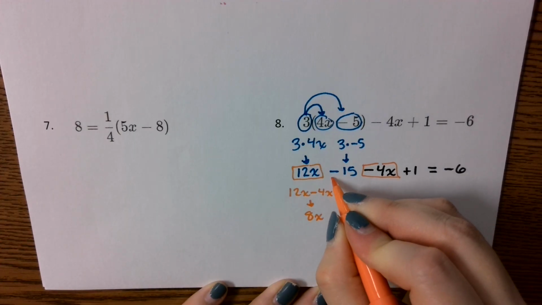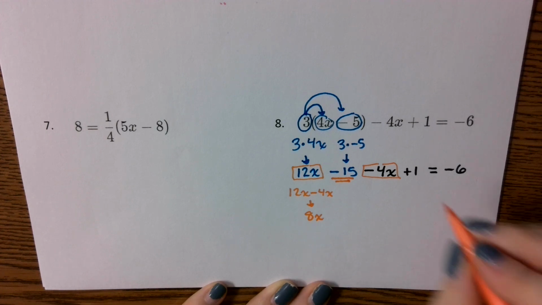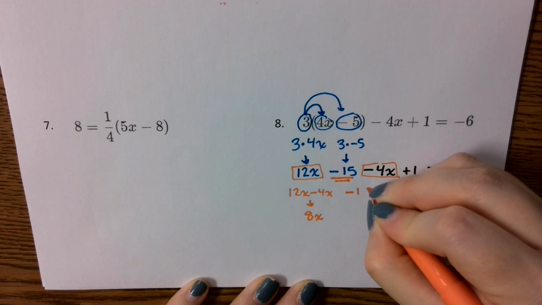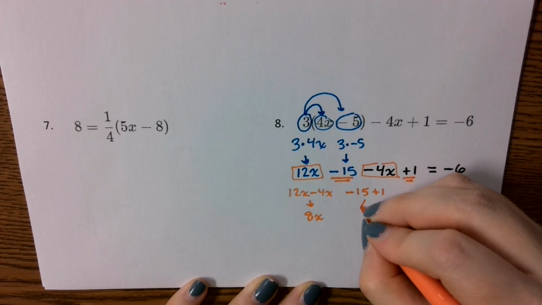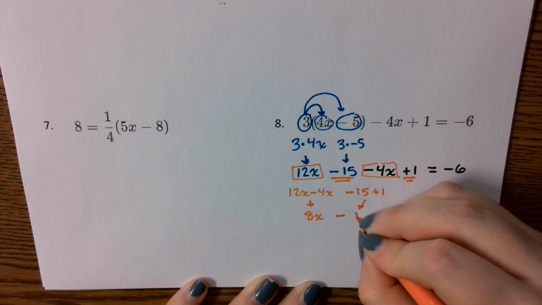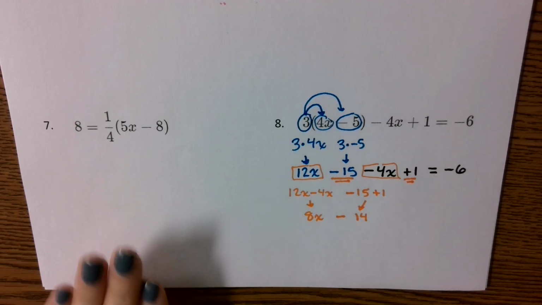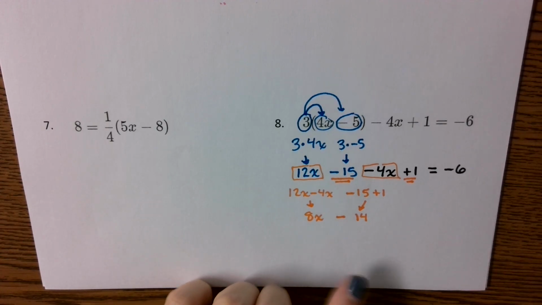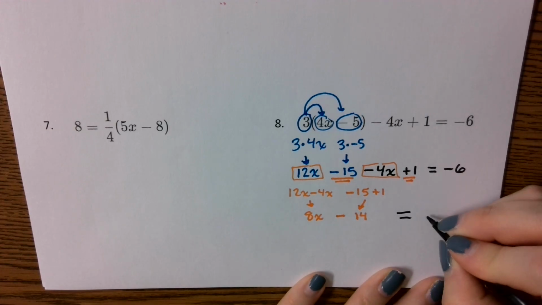So I'm going to just go ahead and underline them because I'm keeping them in the same color. So I'm going to just underline that I'm going to combine those together. So I've got a negative 15 and a positive 1 that can be combined together to give me negative 14. Okay? So I've combined everything I can on the left side. What about the right side? Can I combine anything there? No. So it's just going to stay an equal 6. Or, sorry, equal negative 6.